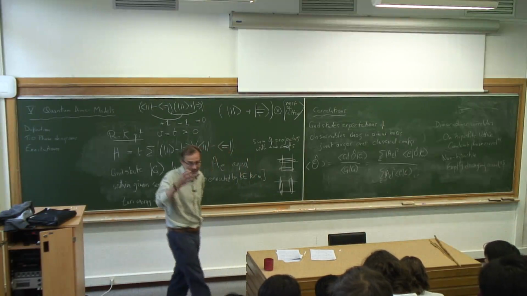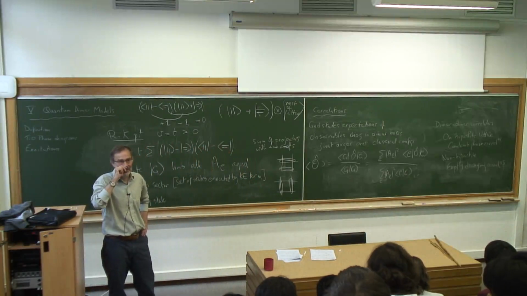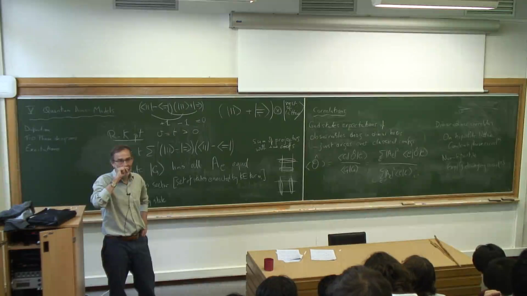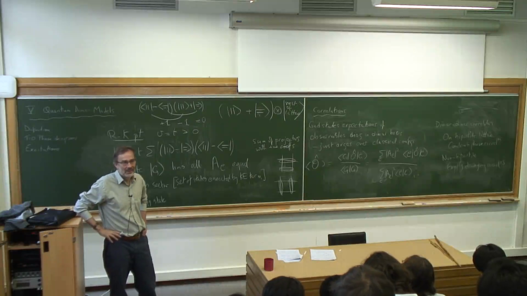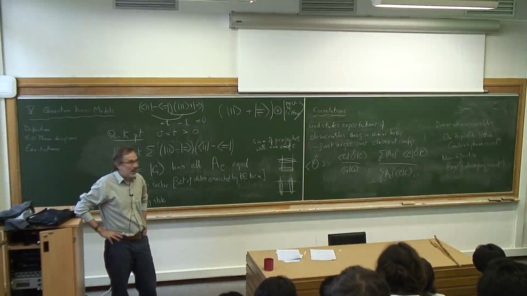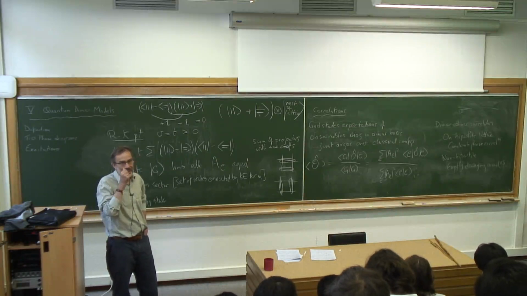Right, sure, and I'm going to come on and talk about excitations, but not for a little bit yet. But it's gapless, right? That's the point. It is gapless, yes.